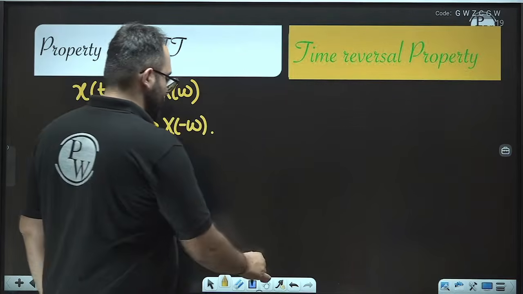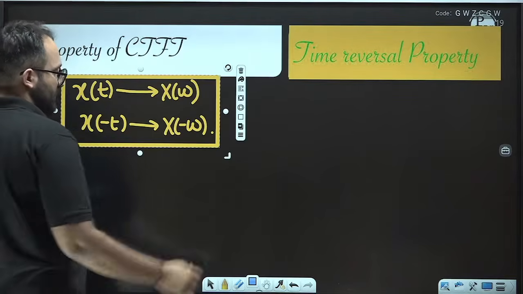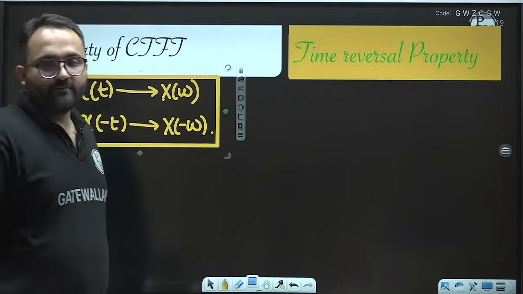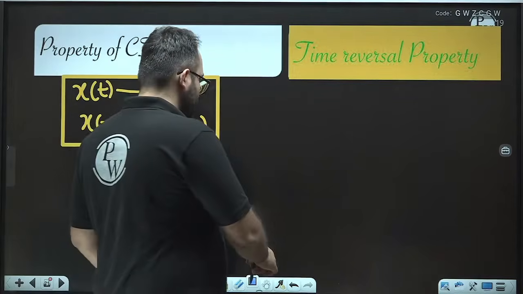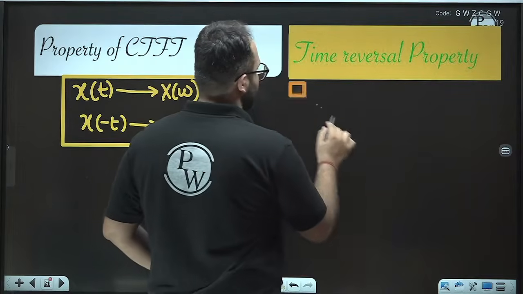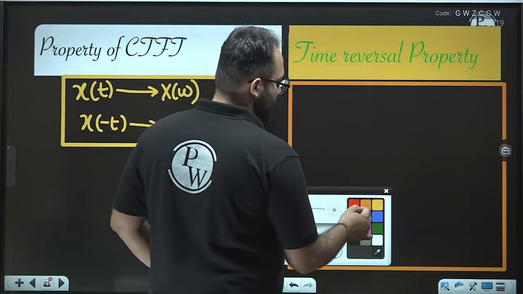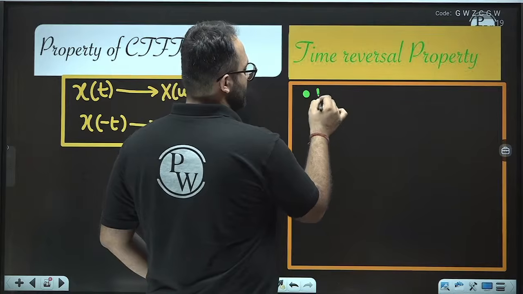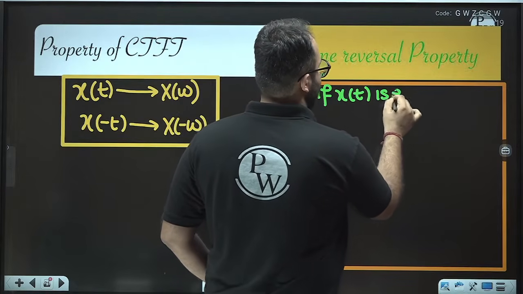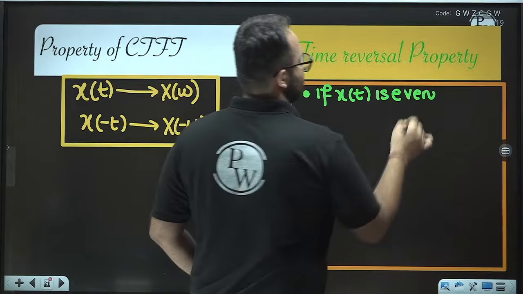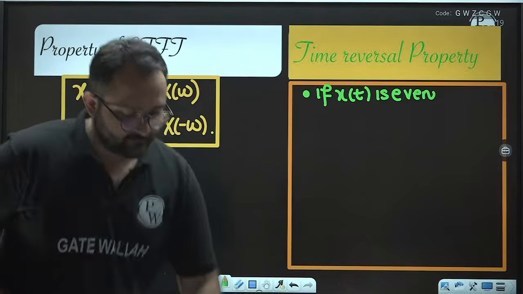So using this property, we can conclude that if xt is even, which means xt is equal to x of minus t.